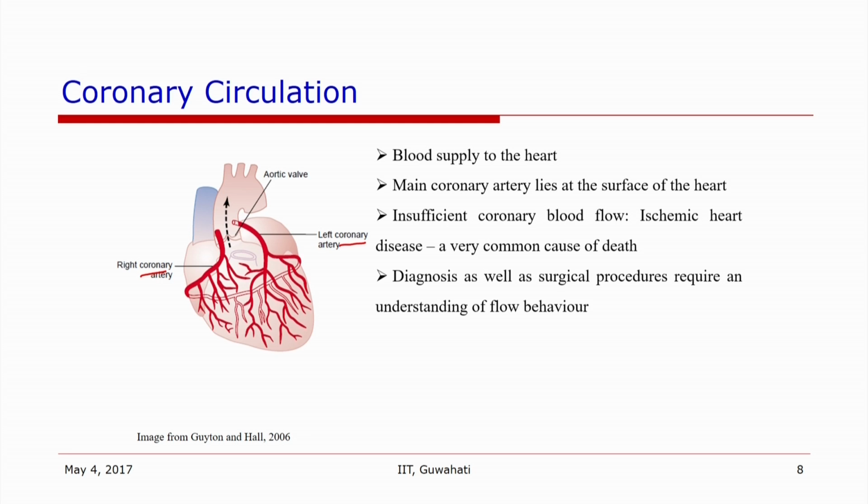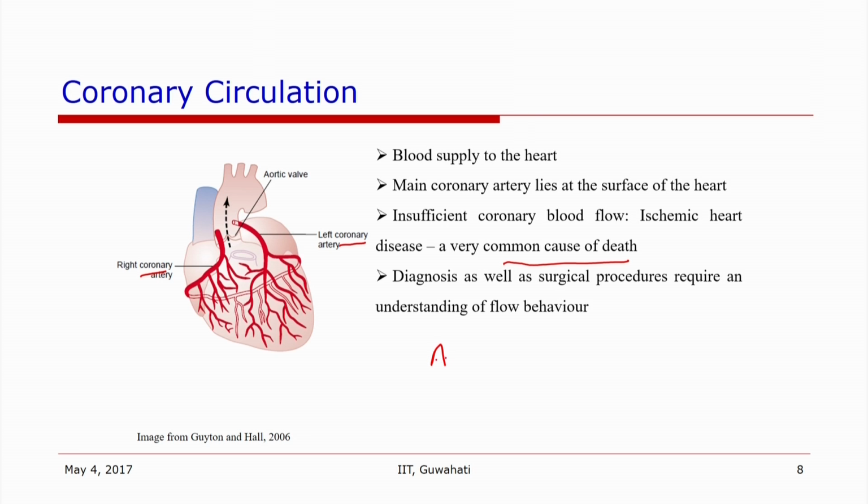The main coronary artery lies at the surface of the heart, and the heart stroke or heart attack generally occurs when one of these arteries or the bifurcation from these arteries is blocked, and this is a very common cause of death. So, to understand the blockage, there is the diagnosis of the blockage as well as the surgical processes.